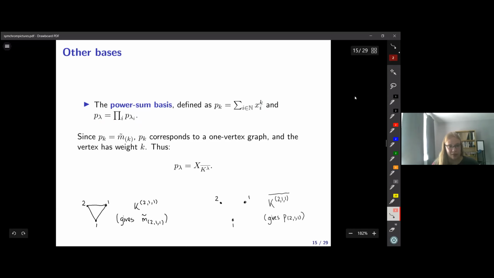And the vertices in that graph with no edges just have weights that correspond to the parts of the partition lambda. So the M basis gives us complete graphs with weights. The P basis gives us graphs with no edges, stable sets, and the same weights. So the M basis and the P basis are actually graph complements.